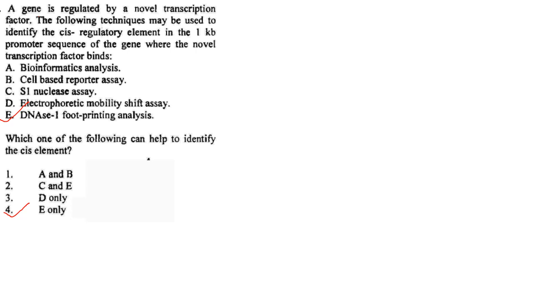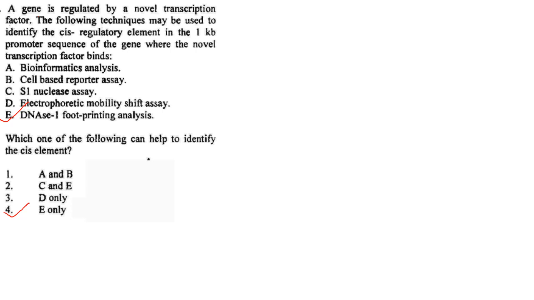So, you have got a gene which has got a promoter, and onto this promoter a new transcription factor is binding. Now you have to find out the technique which is used to identify the cis regulatory element. Cis regulatory element is in your DNA sequence. Trans is in your proteins.